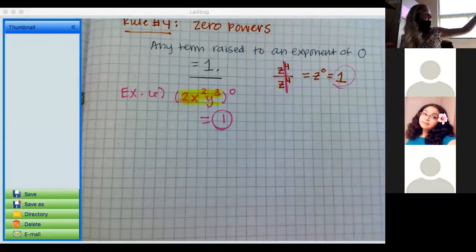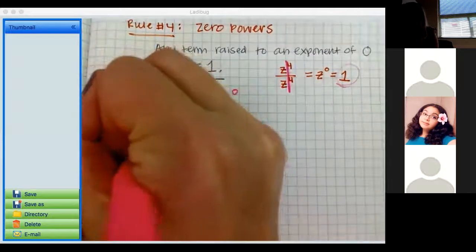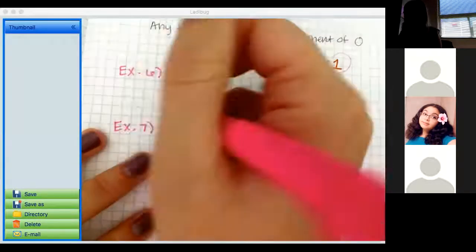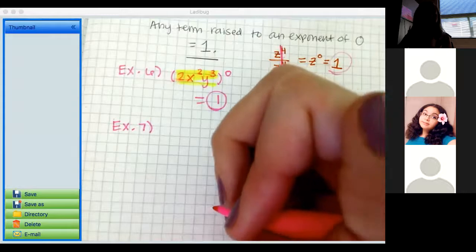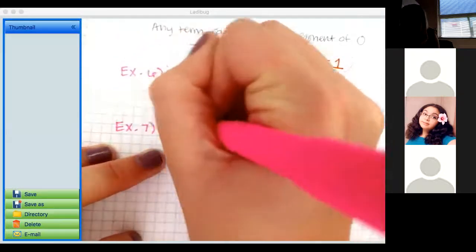Very good. That's my next example. You read my mind. Good job. So let's do another one. He asked, in case you couldn't hear him, you're going to get extra credit because that was a good question. He asked, what do you do if there's a 0 inside the parentheses? So let's look at it like this.